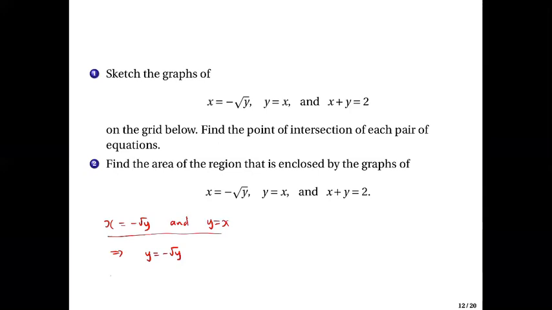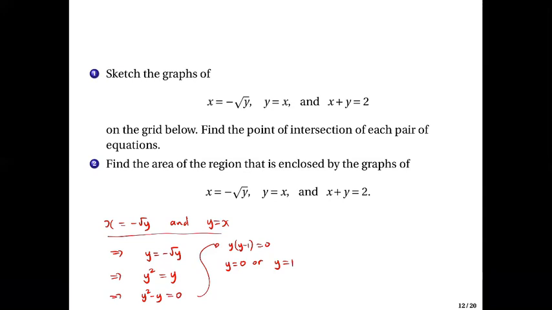If you square both sides, you will get y squared equals y, or y squared minus y equals 0. And you will have y times y minus 1 equals 0. So either you have y equals 0 or y equals 1.